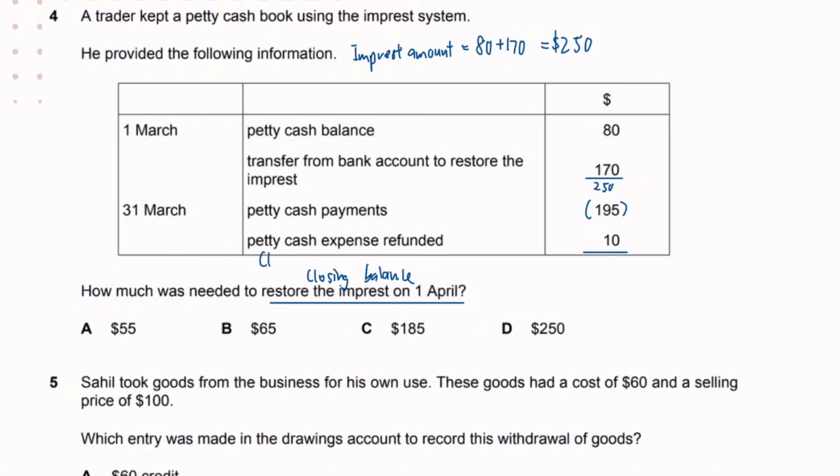So your closing balance is actually 65. However, this is not the final answer because they are asking how much was needed to restore the imprest on 1st April. So you use 250 minus 65, then you will get 185. That's all for this question.